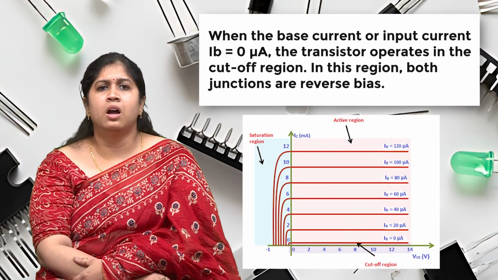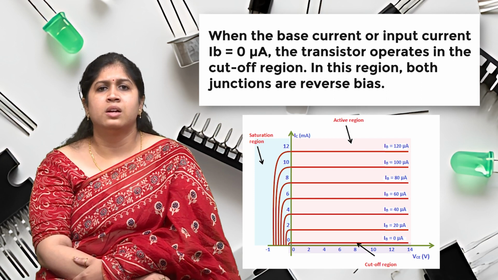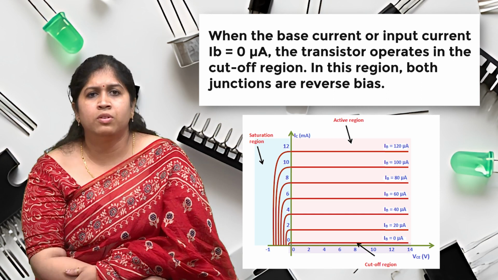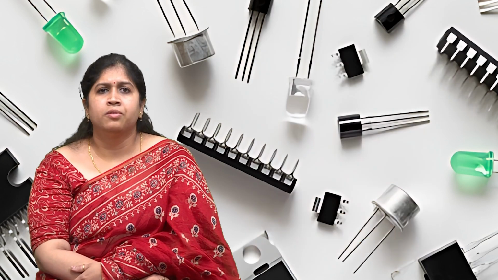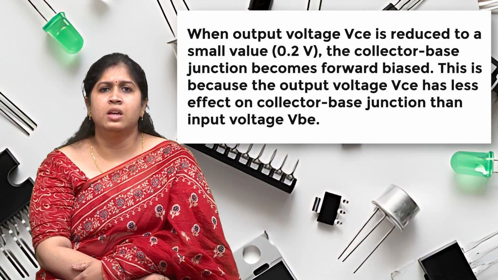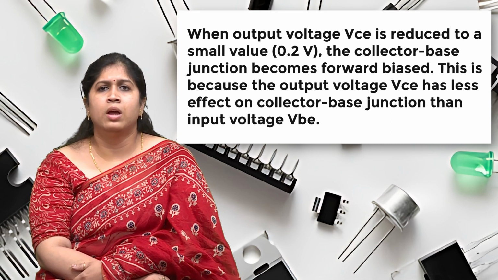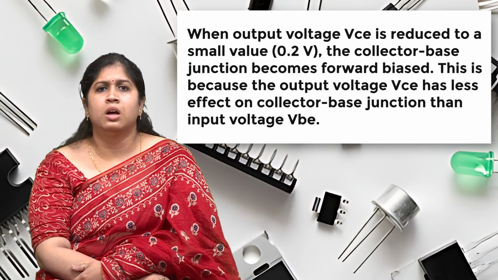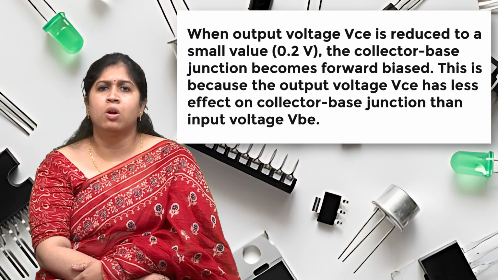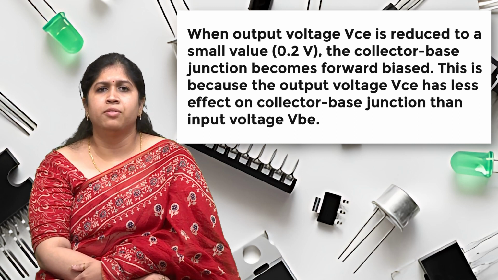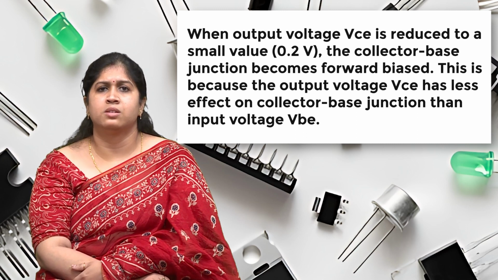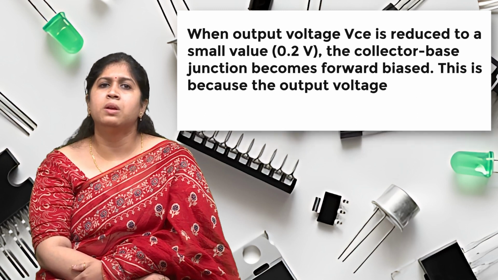When the base current IB equals 0 µA, the transistor operates in the cut-off region. In this region, both junctions are reverse biased. When output voltage VCE is reduced to a small value, 0.2 volt, the collector base junction becomes forward biased. This is because the output voltage VCE has less effect on the collector base junction than input voltage VBE.